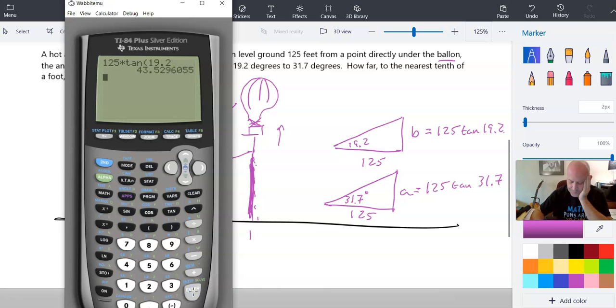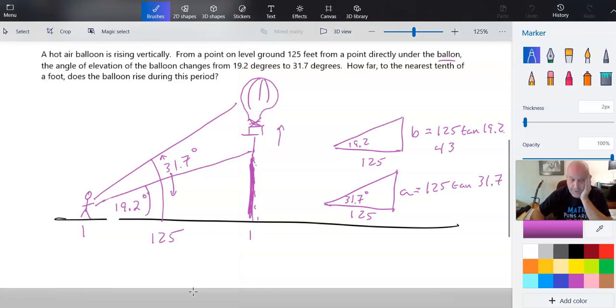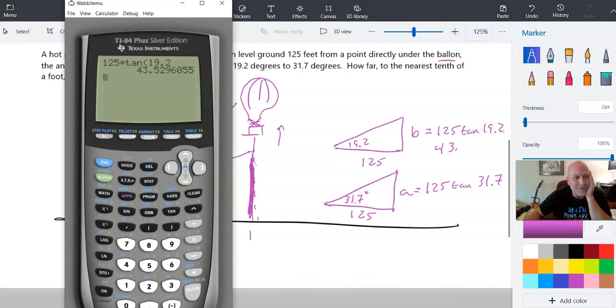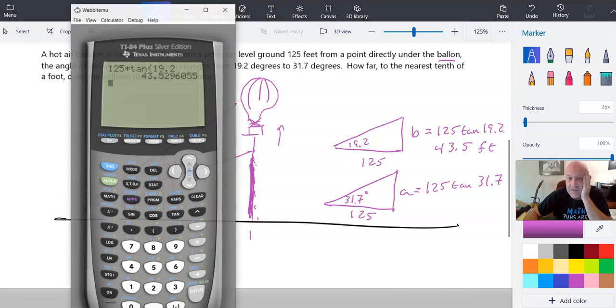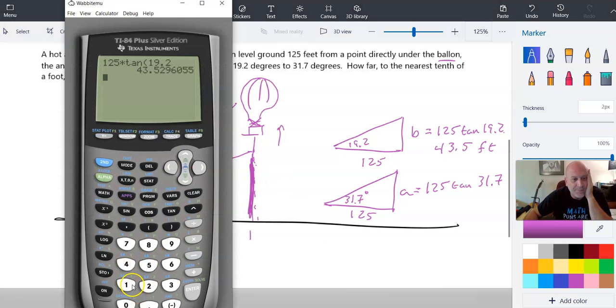So that's 43.5, since it says to round to the nearest tenth of a foot. 43.5 feet. And then over here, we have to do the other one, 125 tangent 31.7.